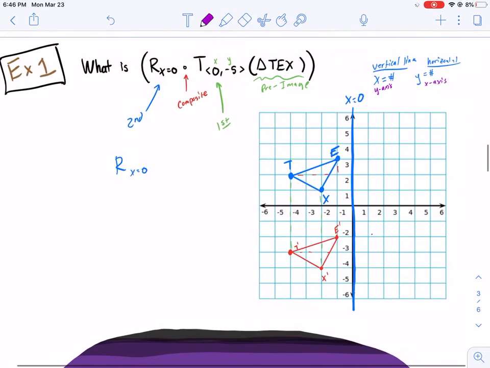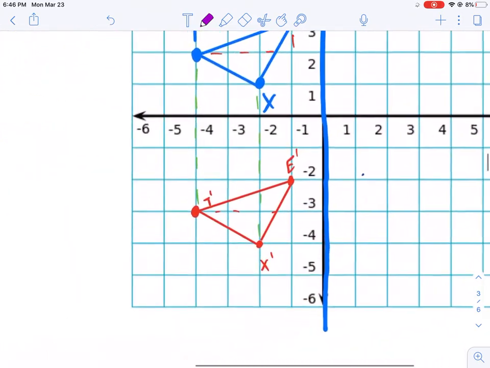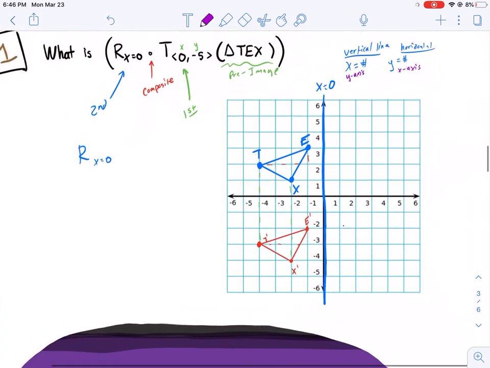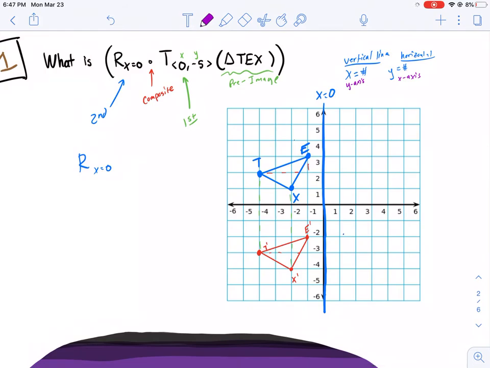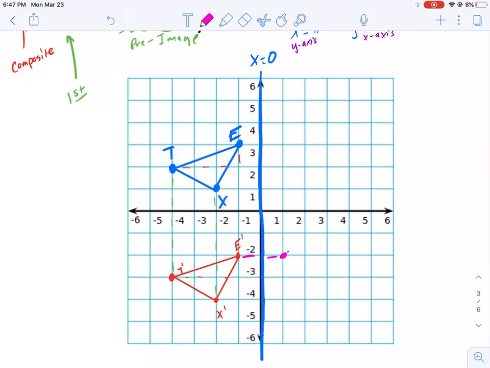Okay, so what we're going to do here is take T prime, E prime, X prime, and we're going to reflect it across. Don't just do it off the original shape because we've already done the first transformation based on our composition. Okay, so let me go ahead and reflect it. Now, with the vertical line, it's very simple. We just count over horizontally and we maintain the distance on the other side.